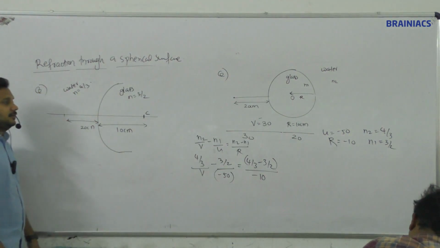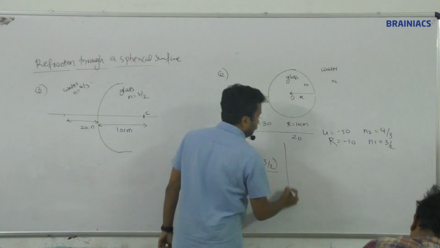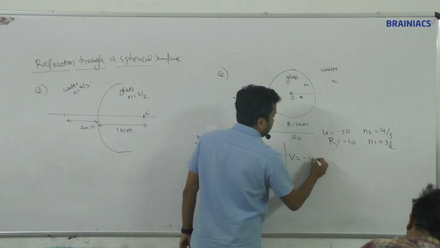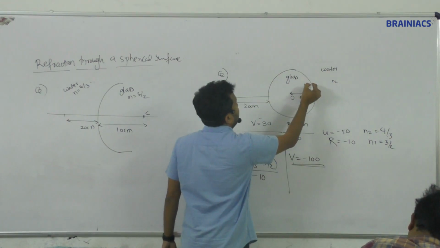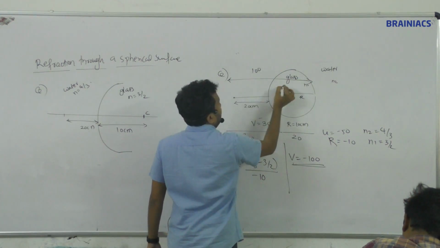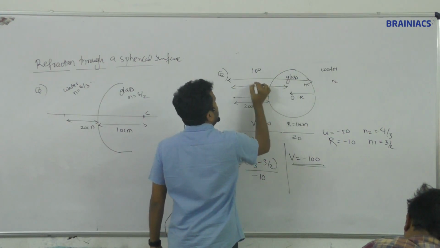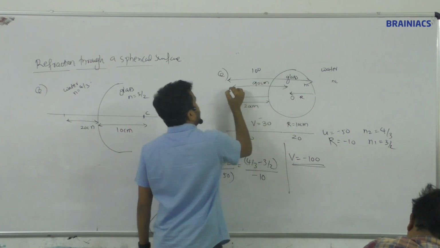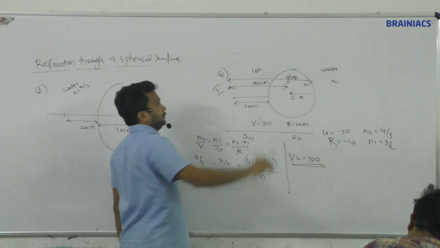Simplify that and you will get V equal to minus 100. Minus 100 means the final V is 100 centimeter from here, so from O it will be 90 centimeter. So the final image will be here.